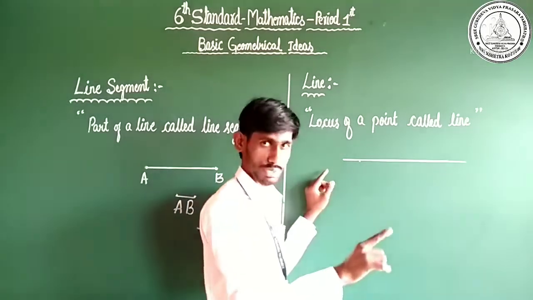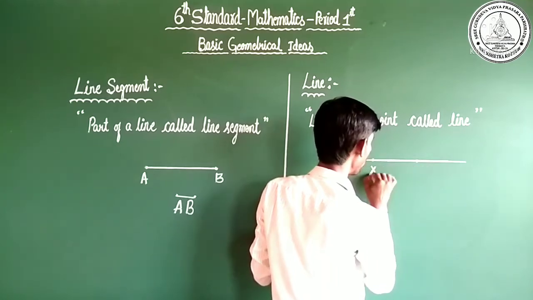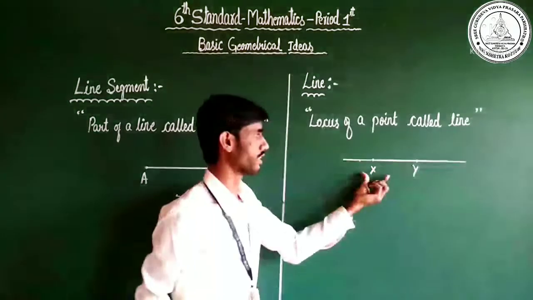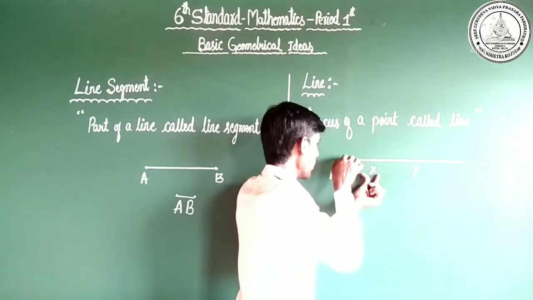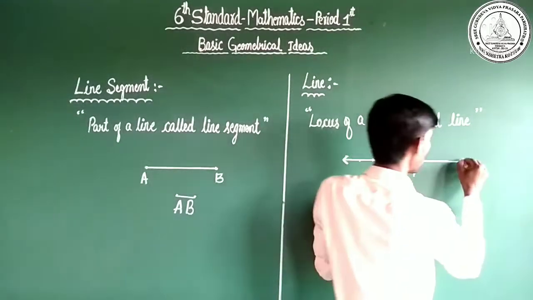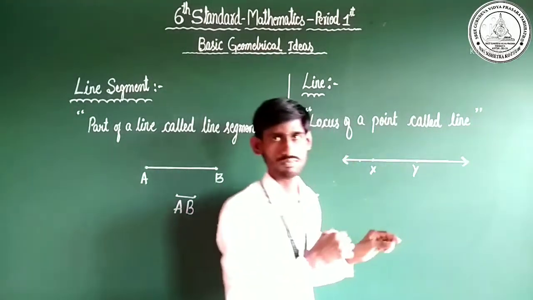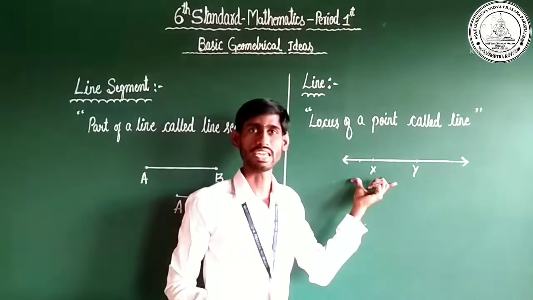A line can be represented like this. Just imagine it is a line segment. It is X and it is Y. The first point is X. It can be extended endlessly by showing the arrow mark. Y can be extended to any length, infinite length. So this is the example of a line.